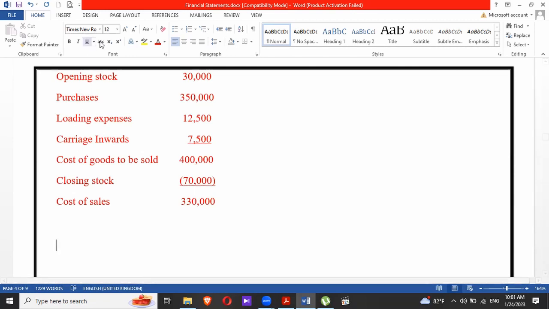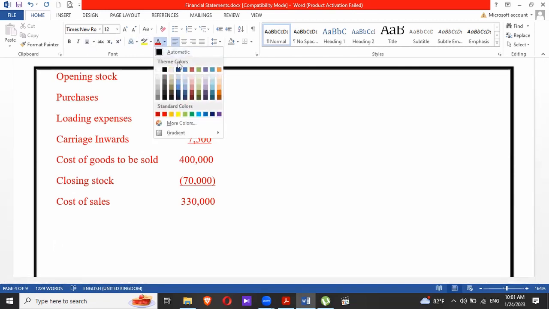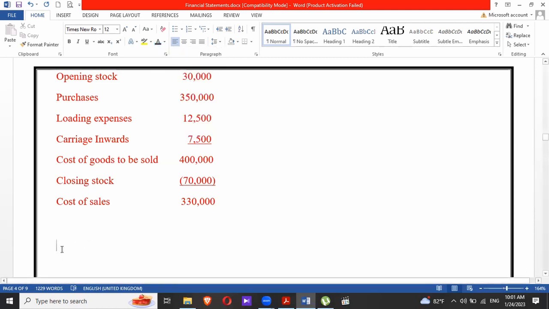So we'll write the answer for the second part. Those who can do this can do it your own, right? You can write the formula. Always you have to write the formulas, right? Gross profit equals sales minus cost of sales.